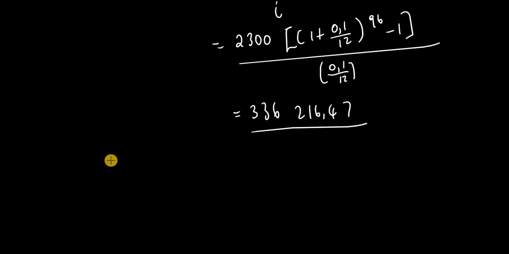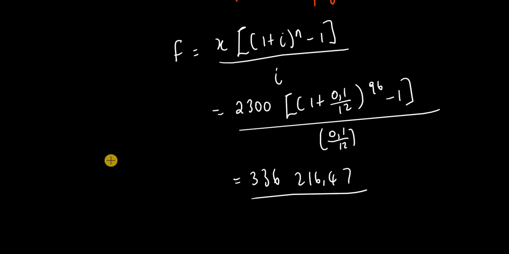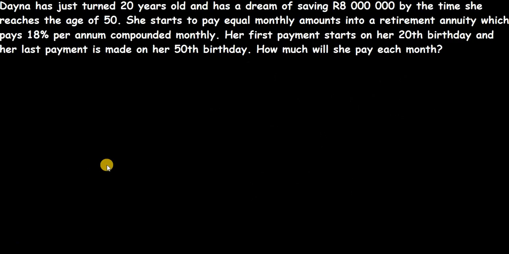We're gonna do at least maybe one more. I'm gonna show you just one more, two more on this future value before I introduce also just present value, just to understand the difference. Okay, now Dinah has just turned 20 years old and has a dream of saving 8 million rands.